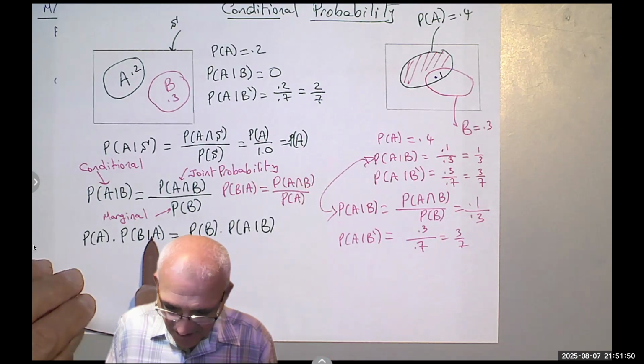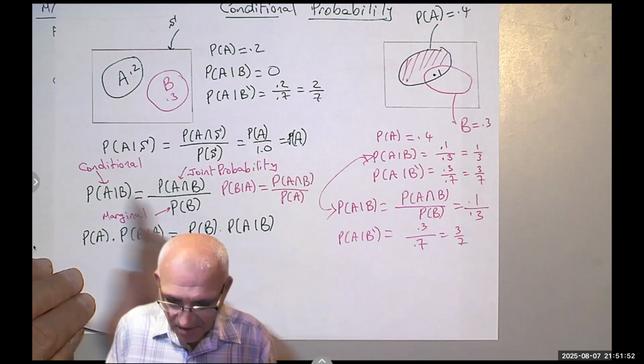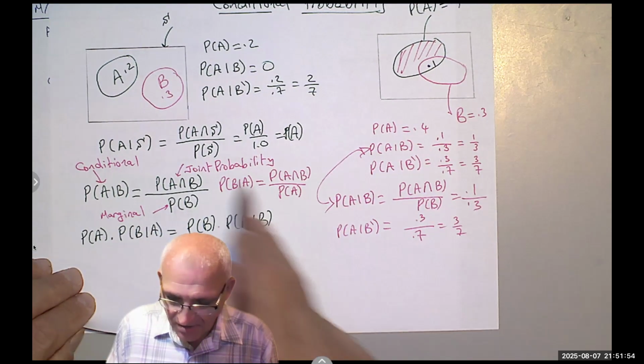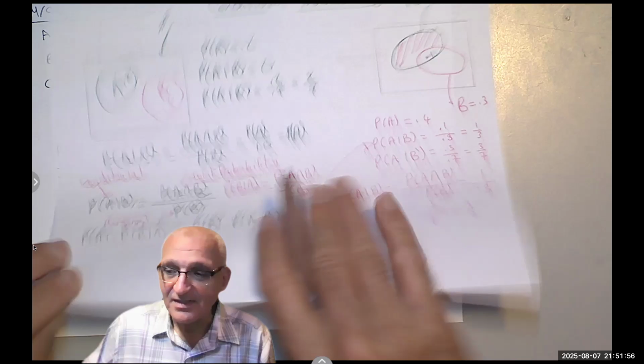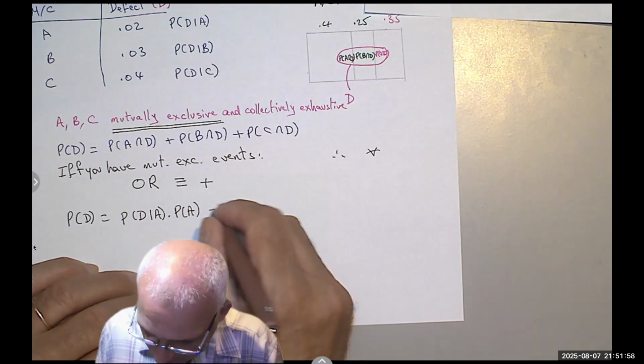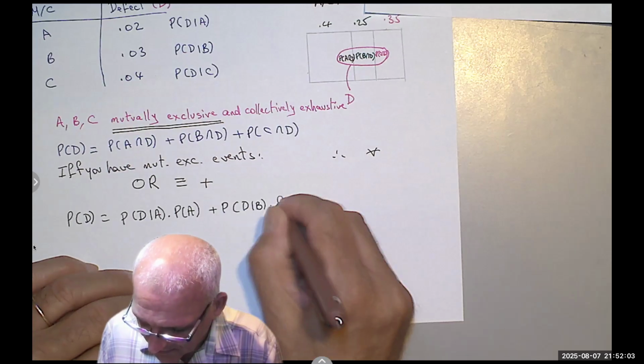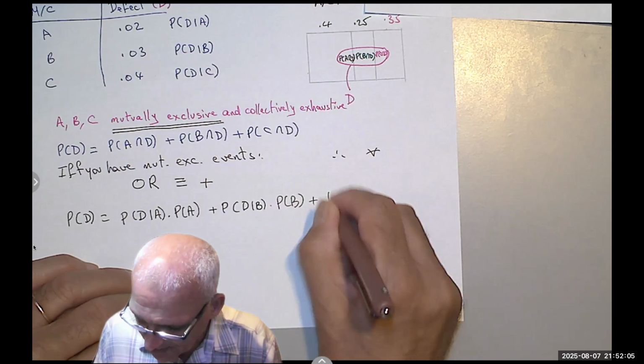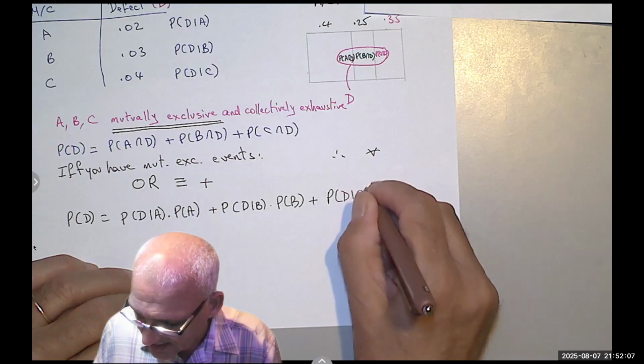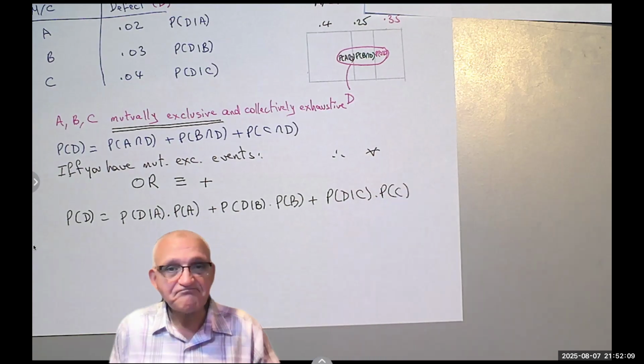Probability of conditional times marginal. Conditional times marginal. They give you the joint. So, plus the probability of D given B times the probability of B plus the probability of D given C times the probability of C.